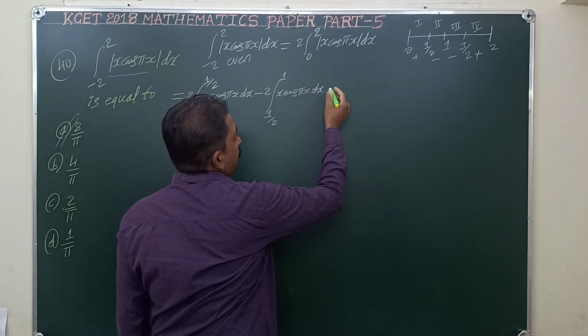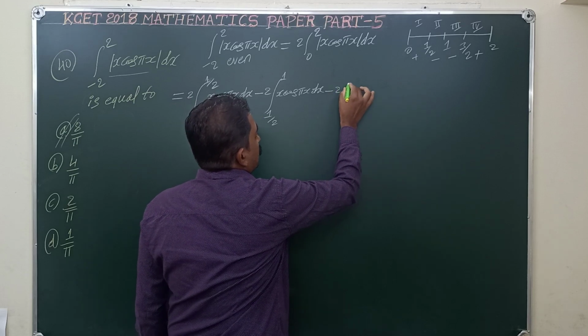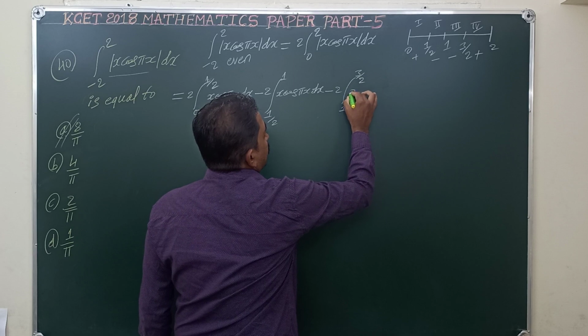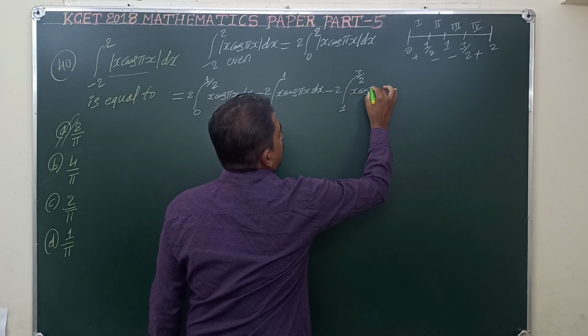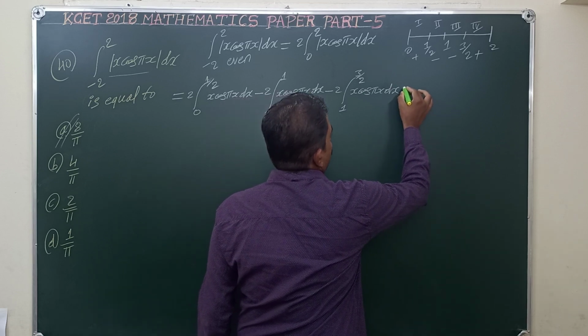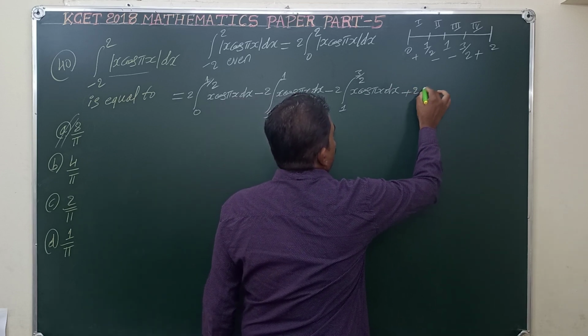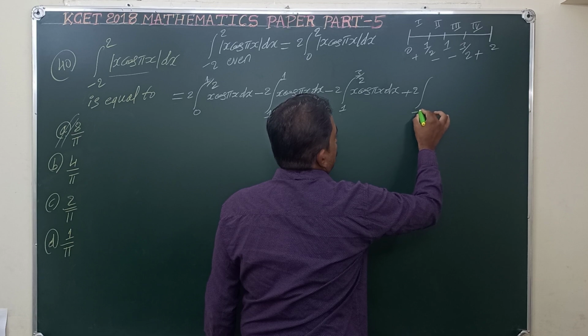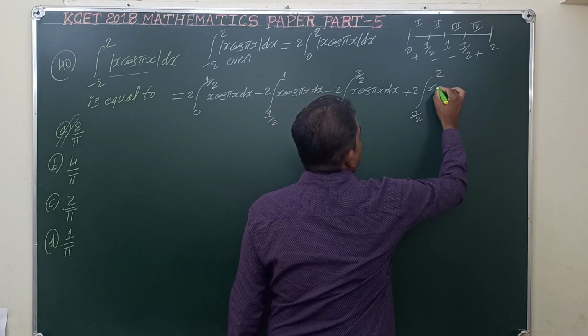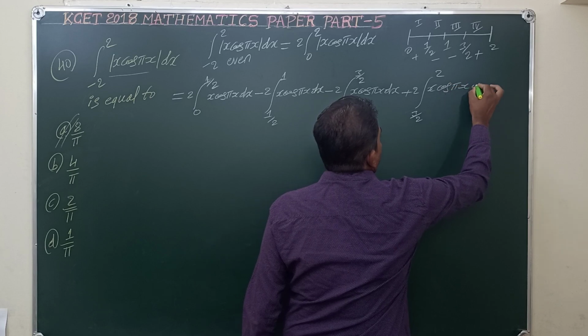Next, 1 to 3 by 2, once again negative: minus 2 into the integral from 1 to 3 by 2 of x cos pi x with respect to x. The last interval, 3 by 2 to 2, is positive: 2 into the integral from 3 by 2 to 2 of x cos pi x with respect to x.